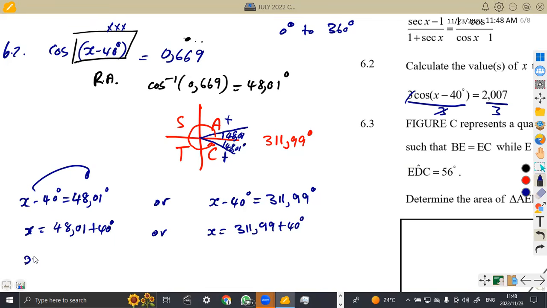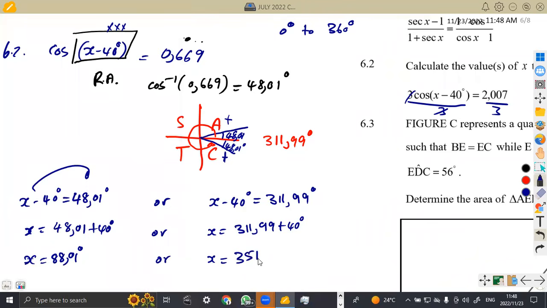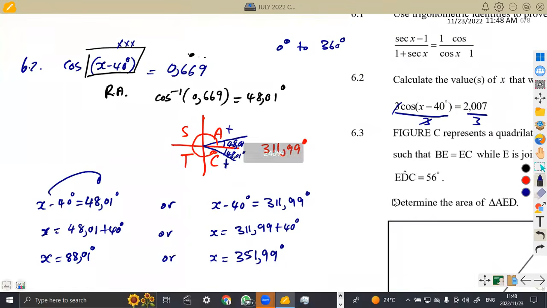So we've got two values of x: 88.01 degrees, or another x, which is, if you use your calculator properly here, 311.99 plus 40 degrees, which is 351.99 degrees.